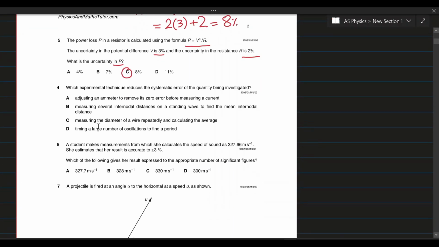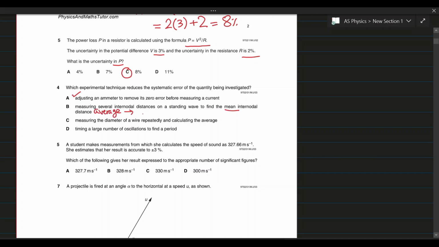Which experimental technique reduces systematic error of the quantity? Let's check the options. Adjusting a meter, we can adjust the measuring device. Measuring several internodal distances by taking an average.